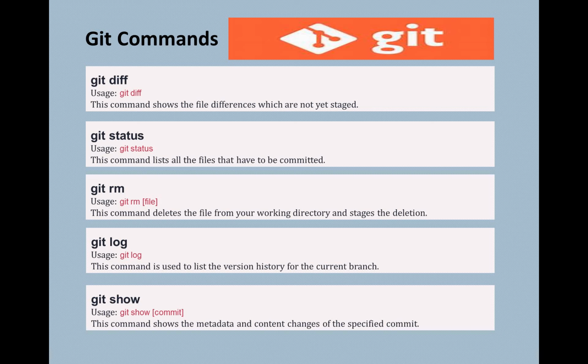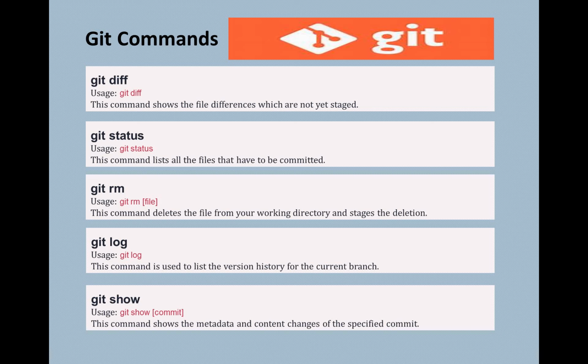Next one is git log. This is the command you can run, and it is used to list the version history for your current branch. Okay. Then next one is git show. Git show and then commit. This command shows the metadata and content changes of the specified commit.